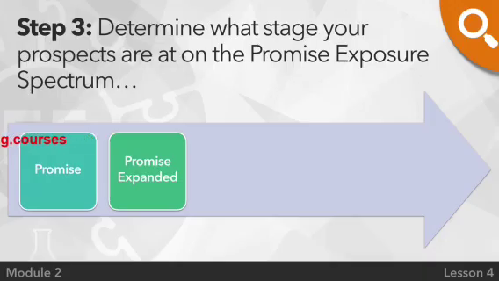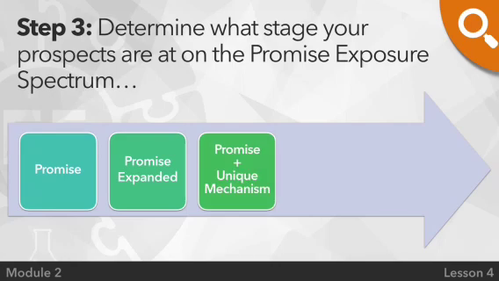And so simply enlarging the claim no longer works. That's when we reach a point where prospects begin to move from stage two of the promise exposure spectrum into stage three. Stage three is where prospects are then exposed to a promise and a unique mechanism.